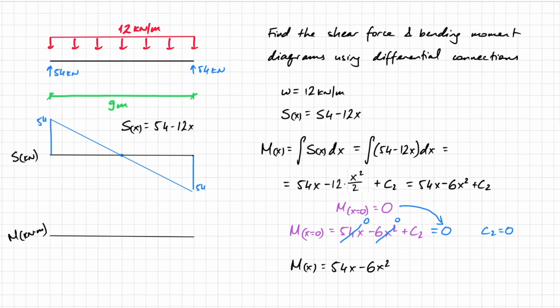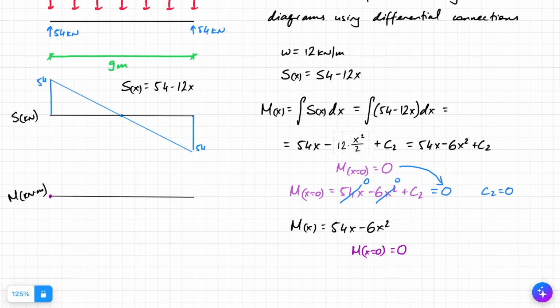And I can plot that as well. If I do, I can see that when x equals 0, I'm here. When x equals 4.5, I get 54 times 4.5, which is 243, minus 6 times 4.5 squared, which is 121.5, and that gives me 121.5 kilonewton meters.